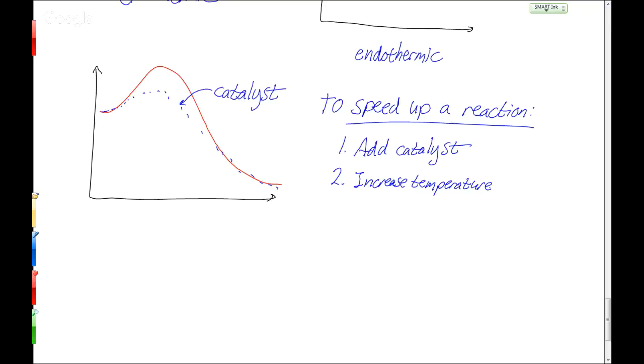And then another thing you could do is increase the concentration of reactants. Or we could just say amounts. If you have more stuff in there, it goes faster.